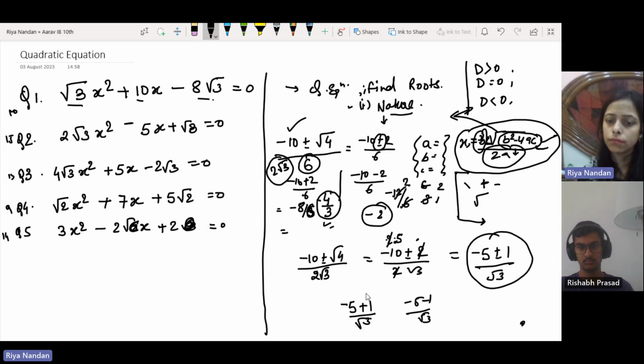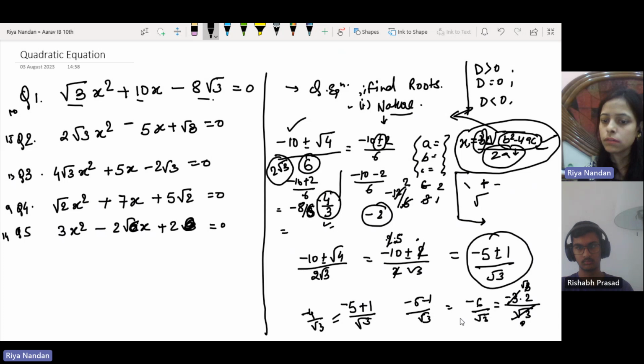Once you will solve this value, you will get negative 4 upon root 3. And once you will solve this value, you will get minus 6 upon root 3, right? If you still want to solve this value, you can write this 3 into 2, right? 6, correct? And here it is 3 root 3. So once you cancel this root 3 and this 3, we are left with 1 times root 3, right?